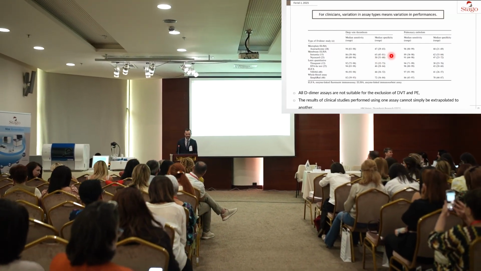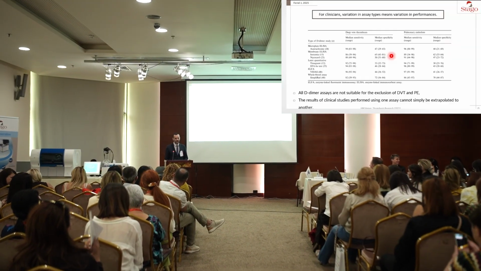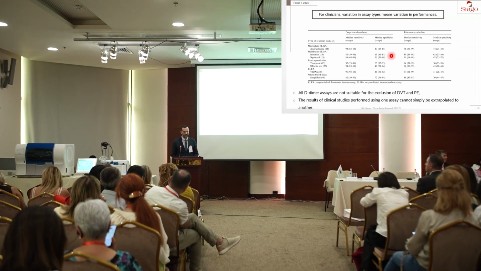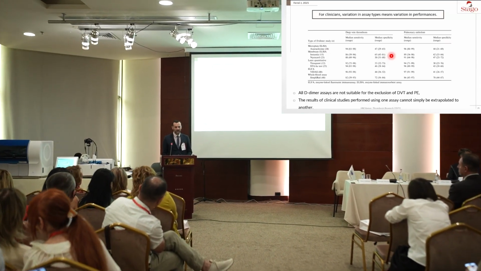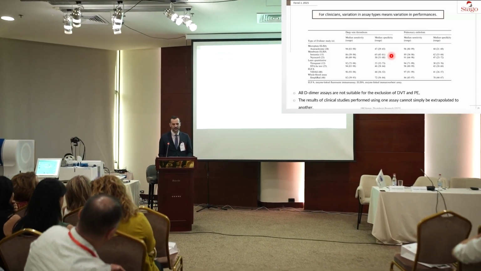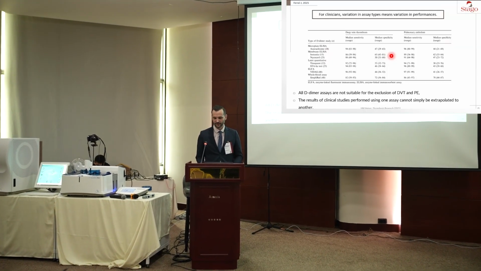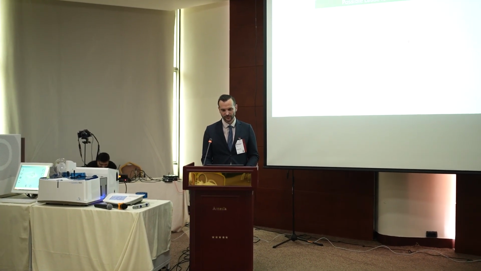So it means that all D-dimer assays are not suitable for the exclusion of DVT and PE, and by extension, the results of clinical studies performed using one assay cannot simply be extrapolated to another. So to sum up, an insufficient method sensitivity is another possible cause for false negative D-dimers.